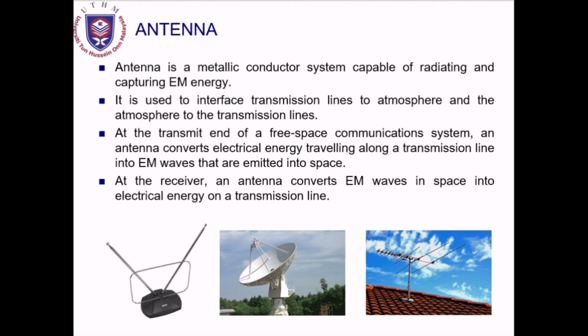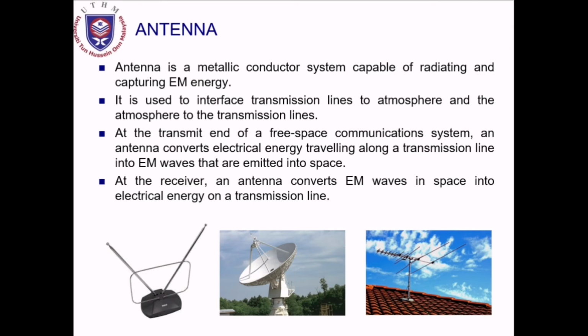From this slide onward, we're going to discuss antennas. An antenna is a metallic conductor system capable of radiating and capturing electromagnetic energy. It is used to interface a transmission line to the atmosphere and the atmosphere to the transmission line.